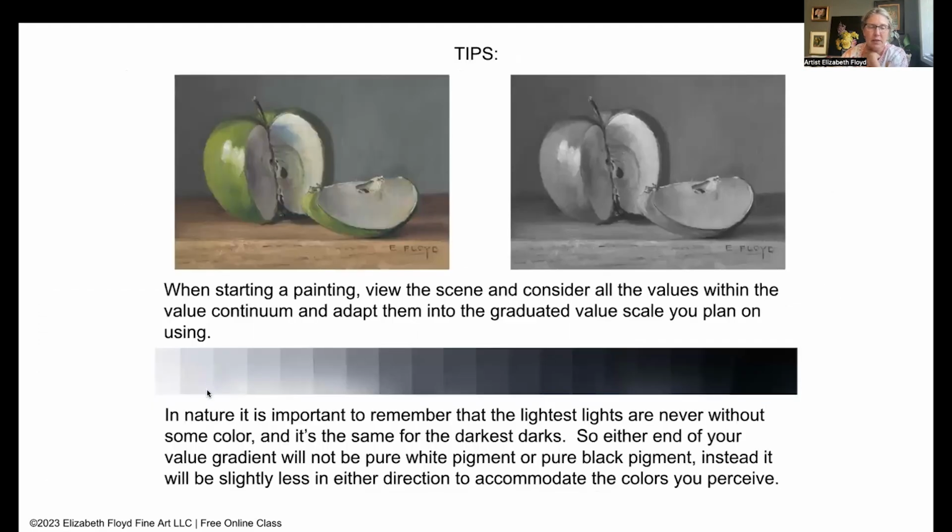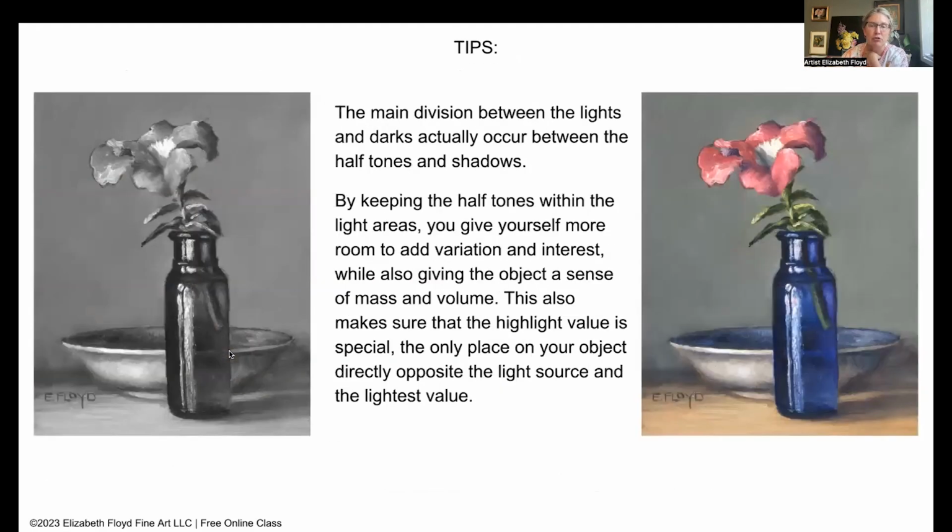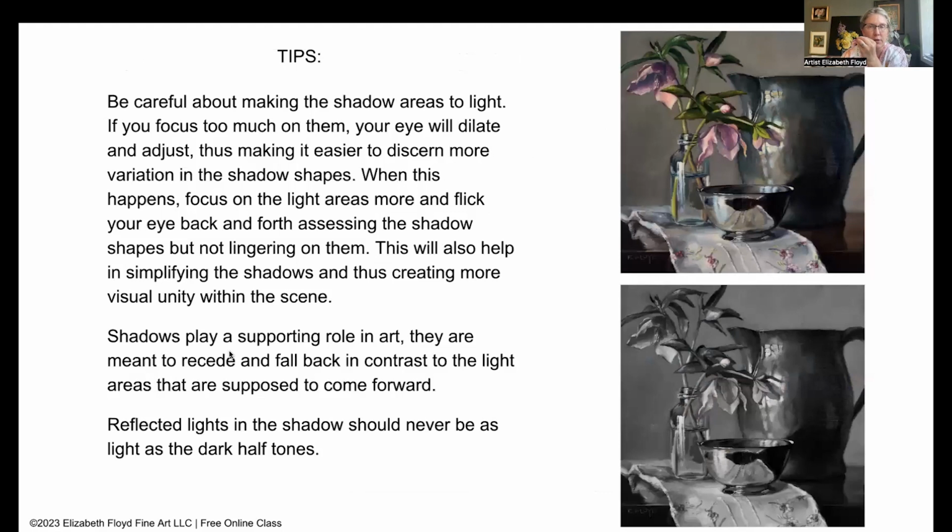That just helps you control and make sure that everything gets organized, so that the viewer can immediately tell that this form turns, and that's the shadow side, and this is the light side. And it just makes it easier for the viewer to engage in your work.